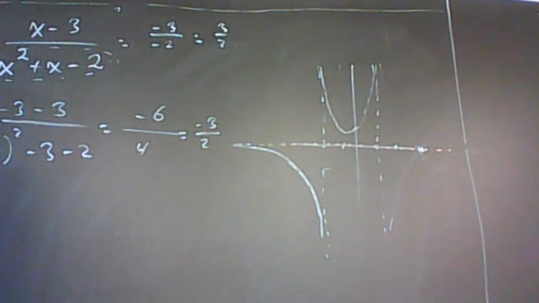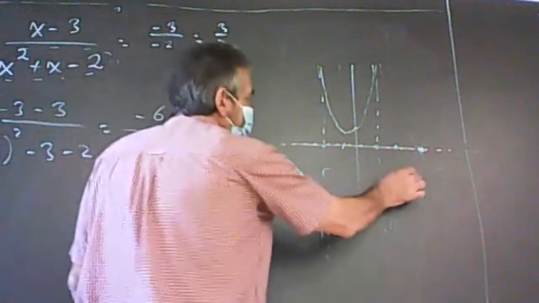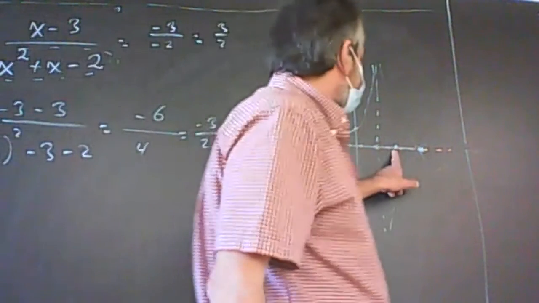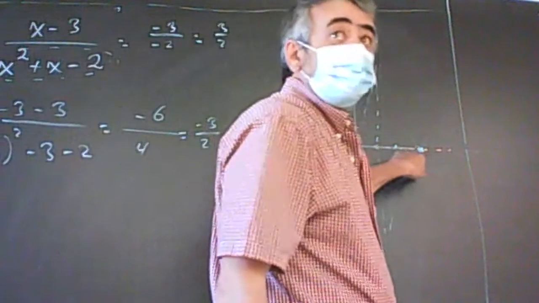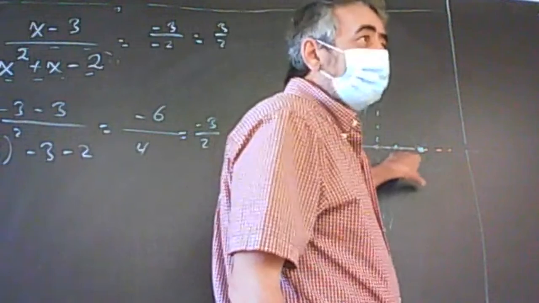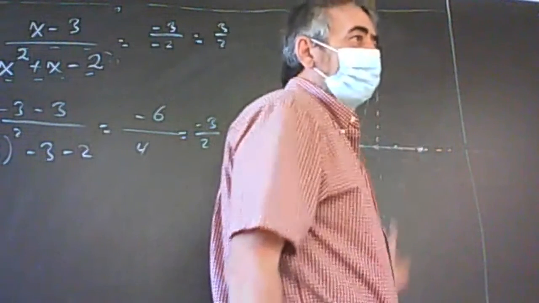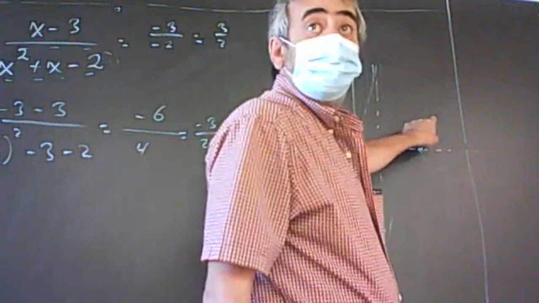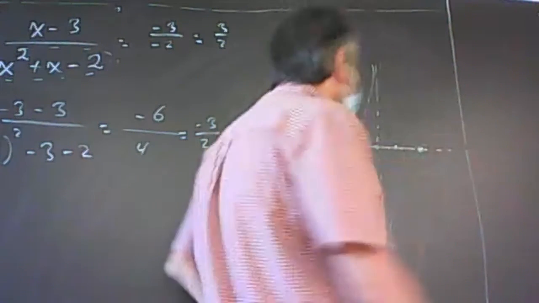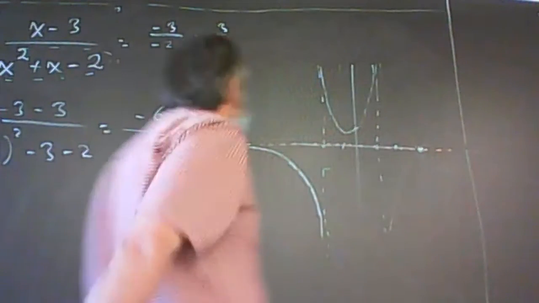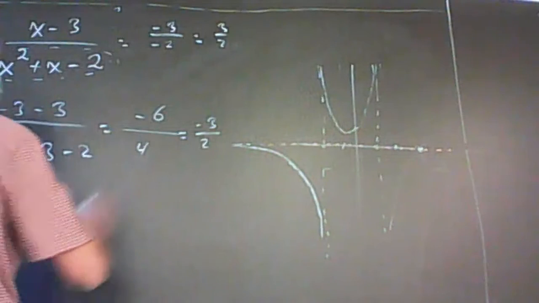Okay. What happens on this side? Let's take a point, say 2. Because we know it crosses the graph at which point? At 3. I just want to know, does it come from the top or bottom? Yes? So I'm going to take a 2. I'm going to substitute.